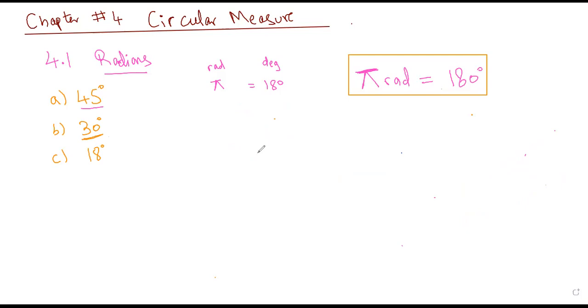Use the same relationship and find the value. What would be the angle in radians for 30 degrees? Six pi. 6 pi or pi by 6? That's pi by 6. Sorry. Very good, okay. So this would be pi by 6.